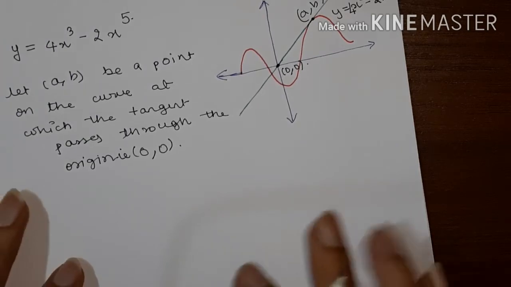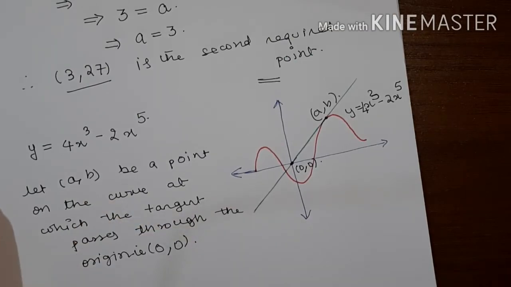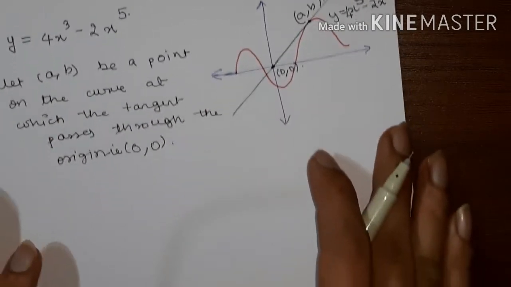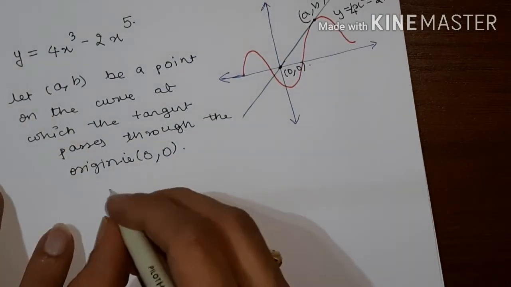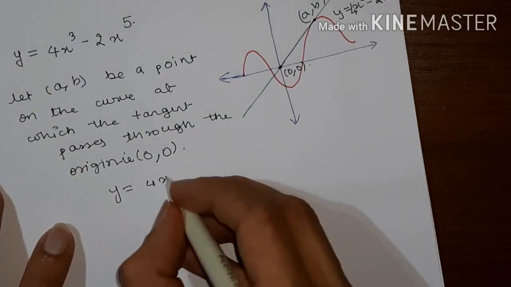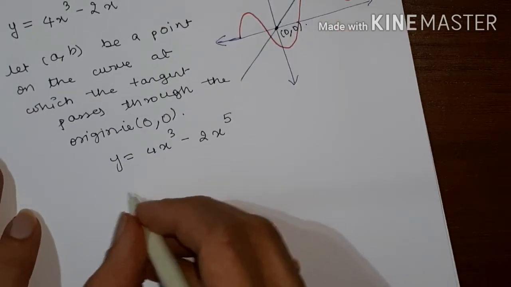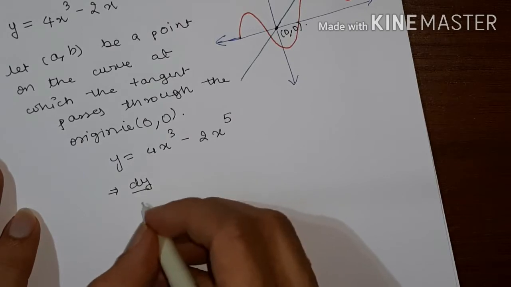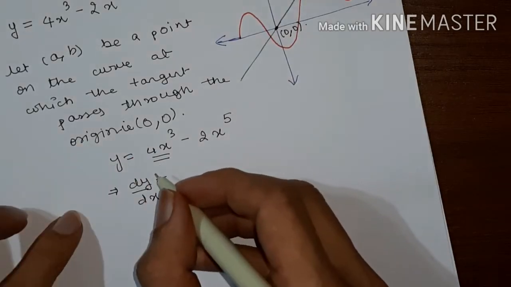See, why we are taking a point, because we have to find the points, we are taking points a comma b, right? Now from this equation y equal to 4x cube minus 2x raised to 5, what do we get? dy by dx is equal to the derivative of this.